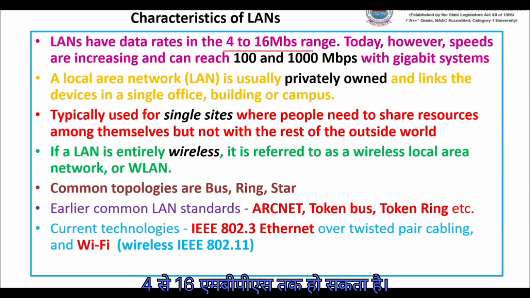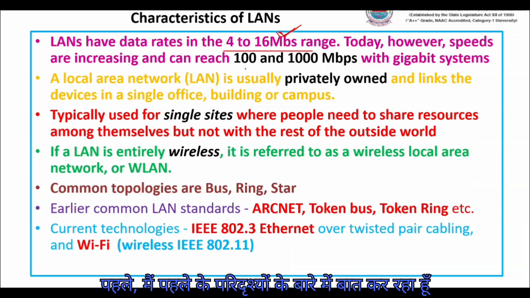Then characteristics of LANs: the data rates can range from 4 to 16 Mbps, because in a local area network the kind of transmission we are doing does not require very high speeds.